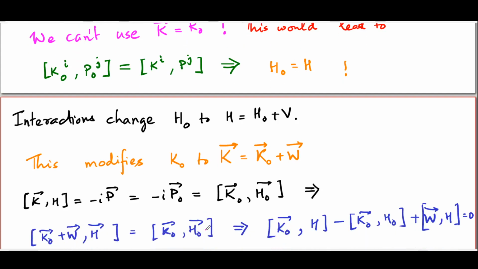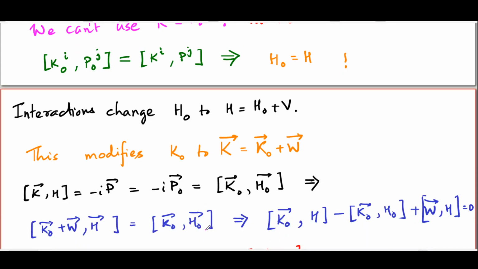Now, if you write down K0 plus W instead of K and use the fact that K0 plus W's commutator with H has to be the same as K0's commutator with H0, this immediately gives you this particular expression. K0's commutator with H plus W's commutator with H minus K0's commutator with H0, which you have just taken to the other side, has to be equal to 0.